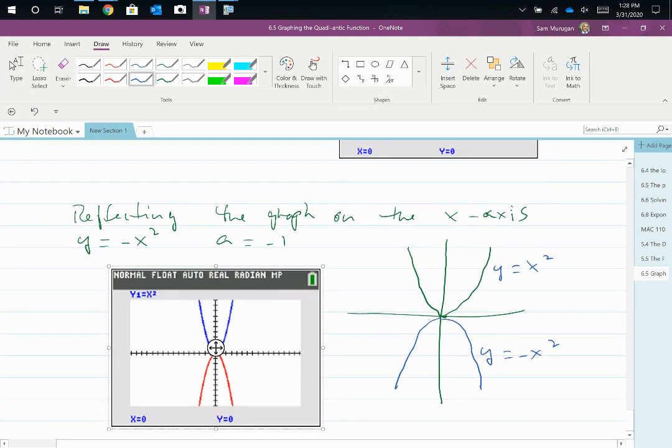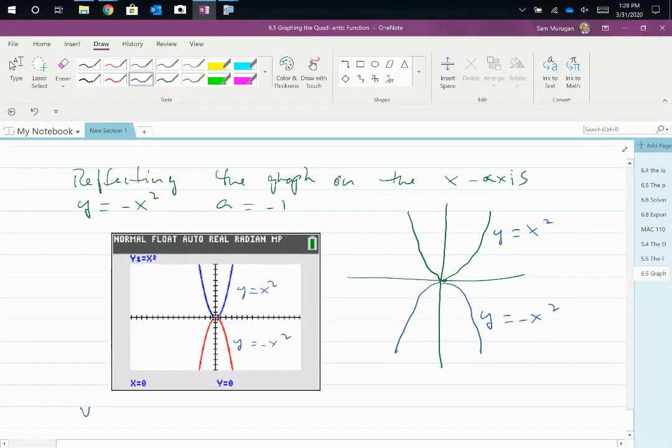So to make some notes here, this is the graph of y is equal to x squared, and this is the graph of y is equal to negative x squared. You can see it's reflected on the x-axis. The vertex is still at 0, 0, and the axis is still at x is equal to 0.